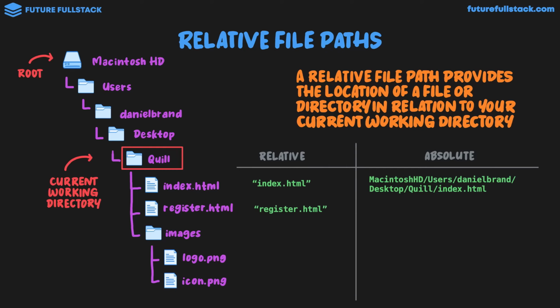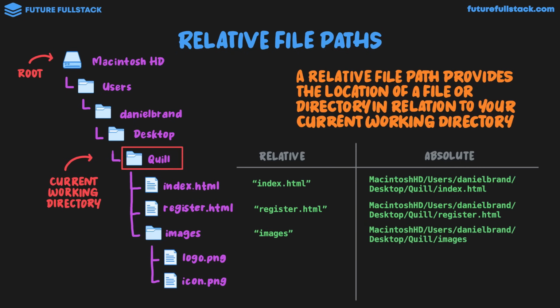And the equivalent absolute file path would look like this. Now the images directory is a folder that is directly inside the Quill folder, so we can also refer to it as just images. No different to how we reference index or register, except there's no file extension like .html because images is just a folder. The absolute file path would look like this.